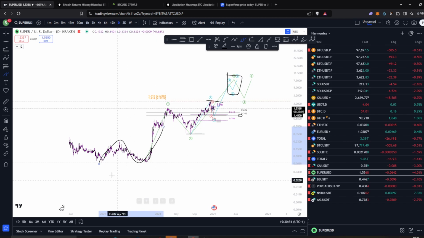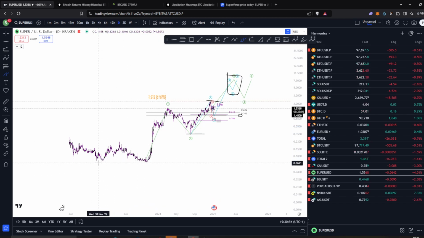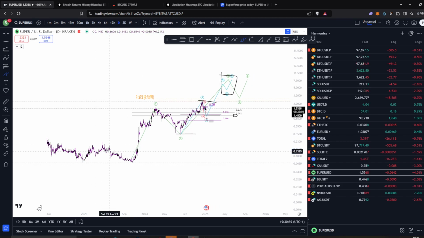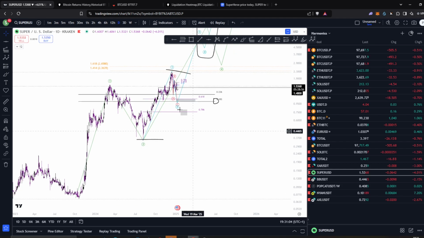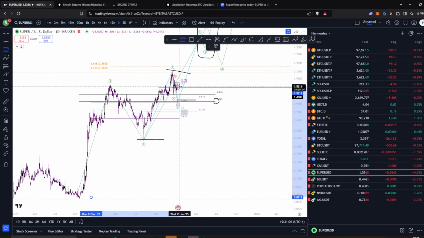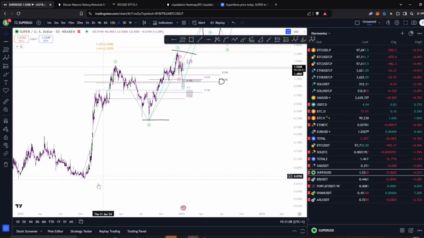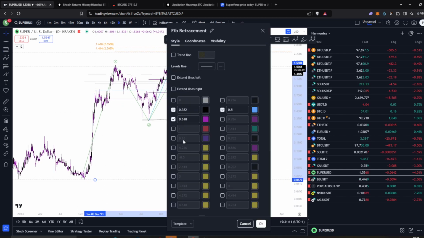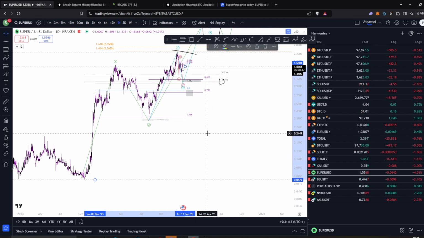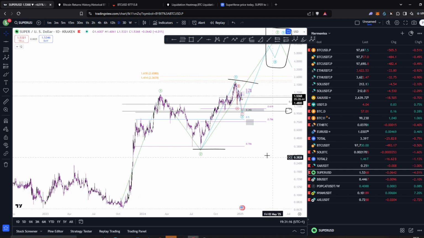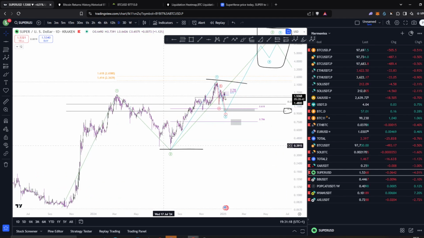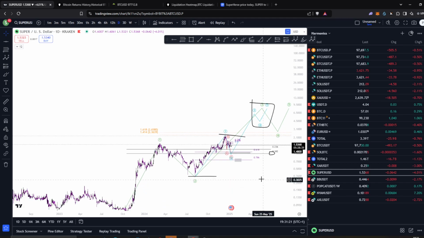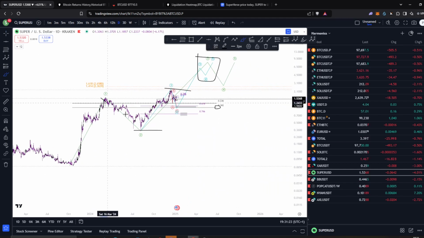And I do think with this structure, this could be your wave 1, but since we did sweep the lows back here, this cannot be a wave 1. So this means this is a corrective structure, and this is your wave 1. So you did bounce off your fib. If I were to draw it properly, you bounced up to 786, and you are in this sort of larger wave 3, where you have this massive 1, 2, 3.